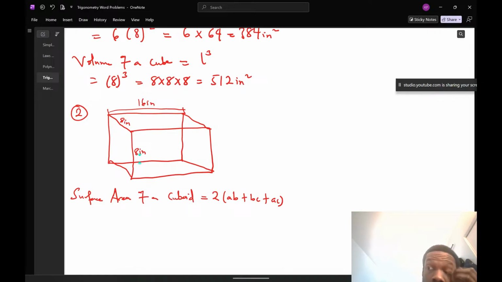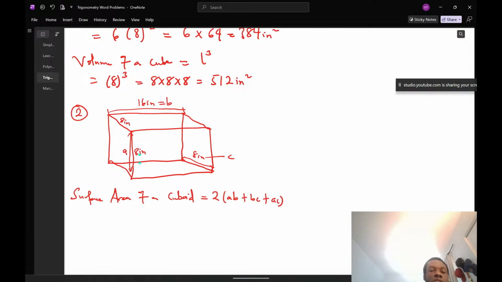So now we are going to label the sides. Let's call this side A. This side to this side is A. This side is B, which is equal to this side, which is 8 inches. Let's call this side C. So I've already identified all the sides.